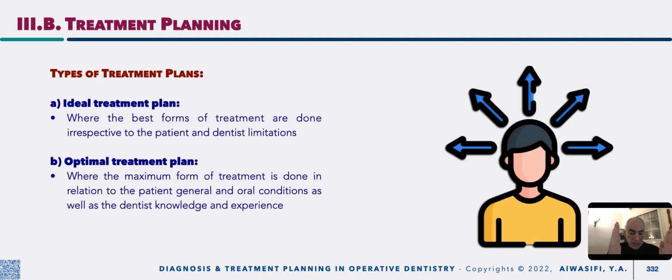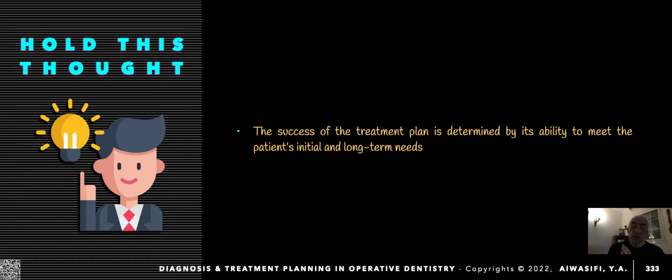He is focusing on amalgam restoration for posterior teeth because he is not trained on posterior bonded restorations, or he is trained but doesn't have any equipment or material to perform it well. That's why you should hold this thought.